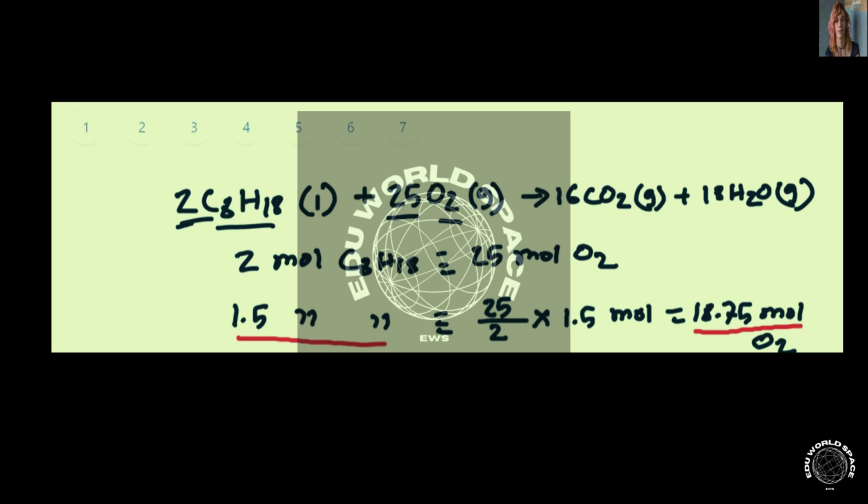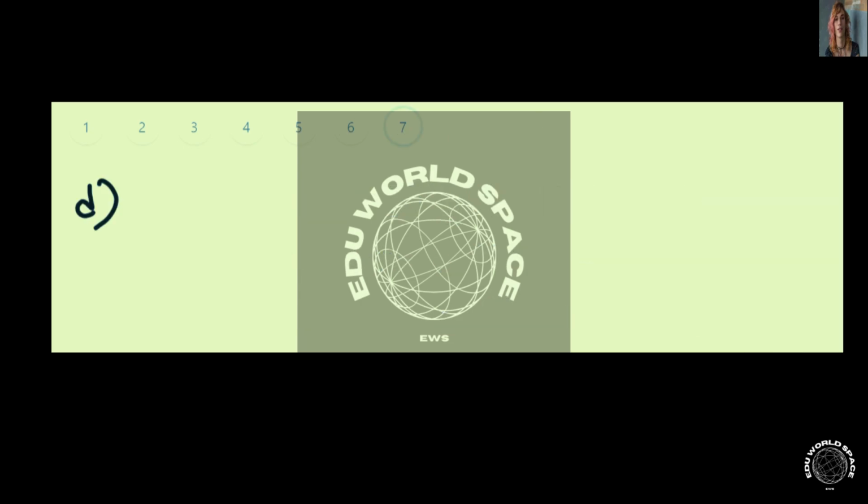So here we can see that for 2 mole of octane we can have 16 mole of CO2. That means we can write 2 mole octane can produce 16 mole CO2.